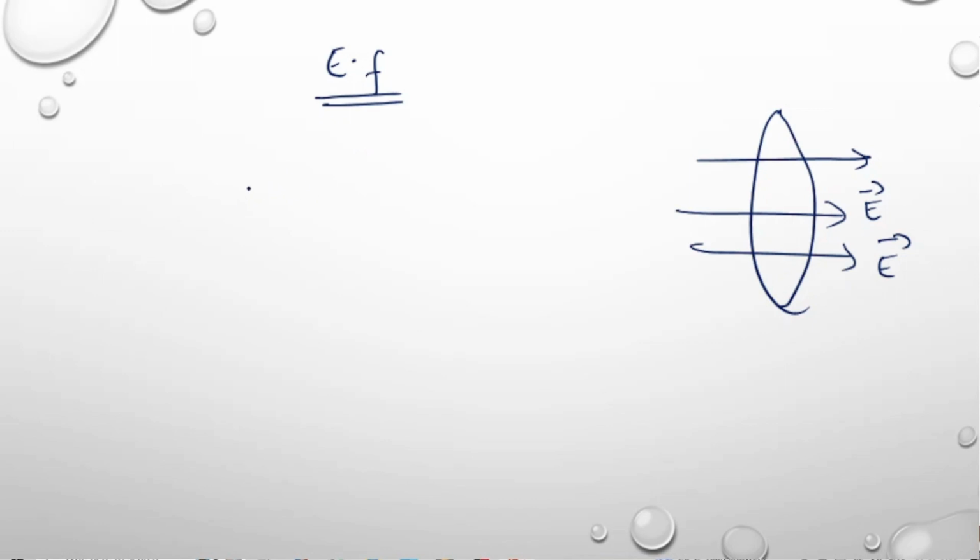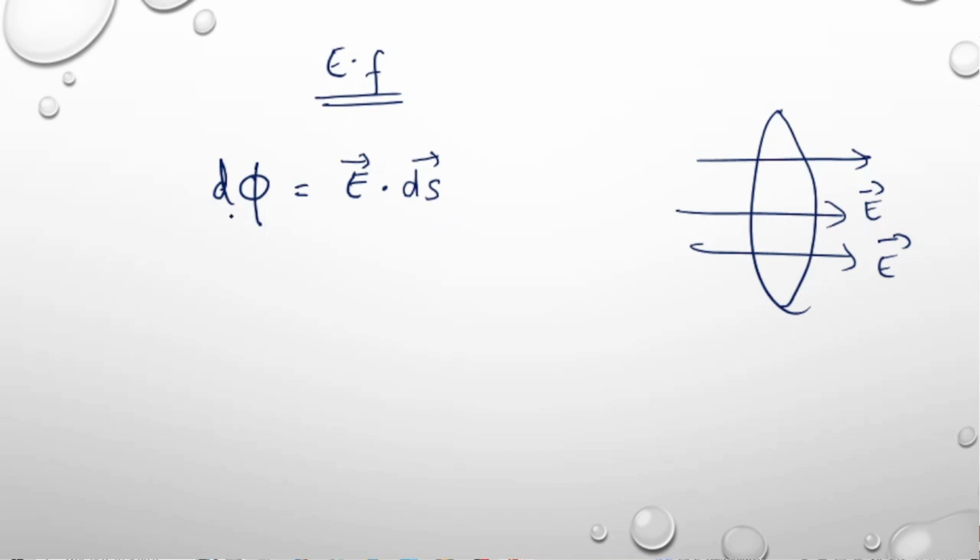The small electric flux is equal to how much electric field is passing through it into the small area through which it passes. Let us take the small area as ds.